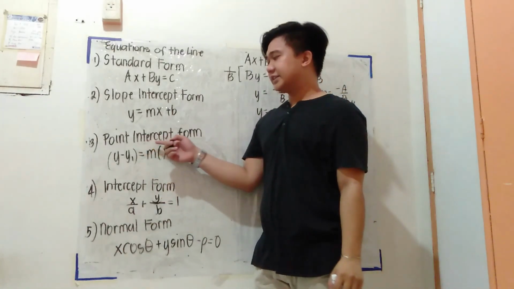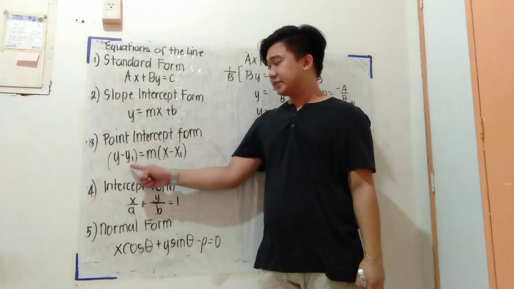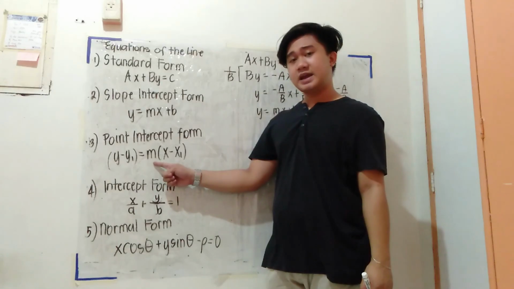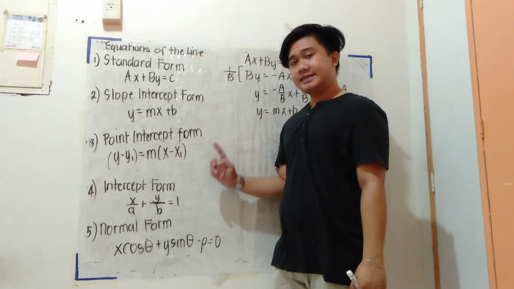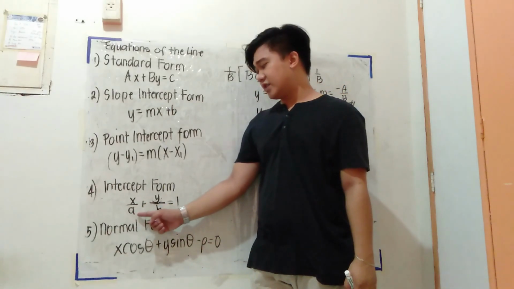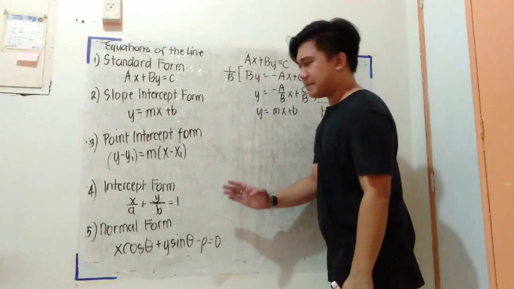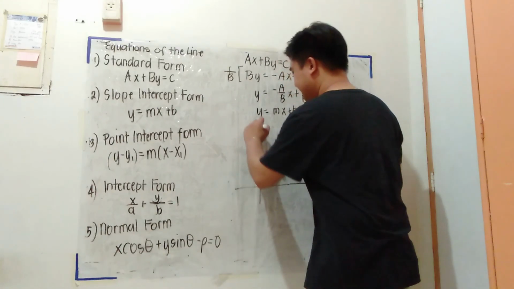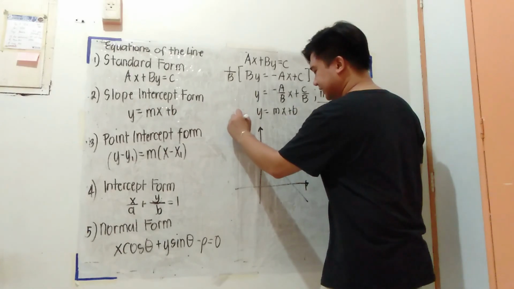Next is the point-slope form. Magagamit mo ito kapag binigyan ka ng isang point at ng slope. That is y minus y sub 1 equals m quantity x minus x sub 1. Next, guys, is the intercept form. That is x over a plus y over b equals 1. Ano ba kapag sinabi natin intercept form? So, given that this is the Cartesian plane, mag-drawing ako dito ng line.